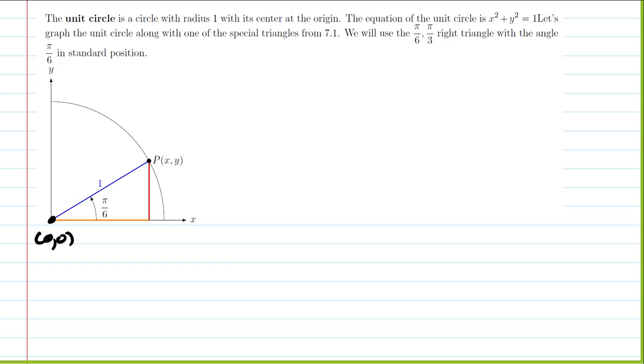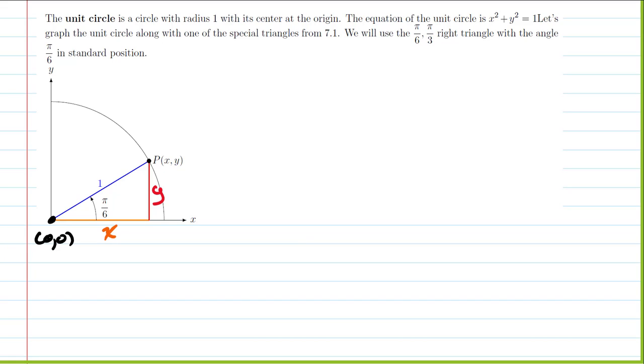So if we wanted to start talking about our trigonometric functions, our point P of x, y would correspond to, well, the horizontal side length here would be x, and the vertical side length would be y, because to get to the point P on the unit circle, it would have coordinate x, y. So I'd have to go x units right in this diagram and y units up. Then we can start talking about our trigonometric functions.